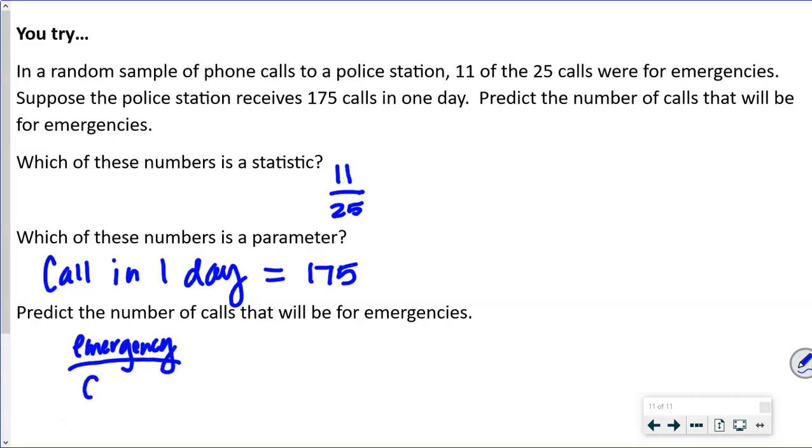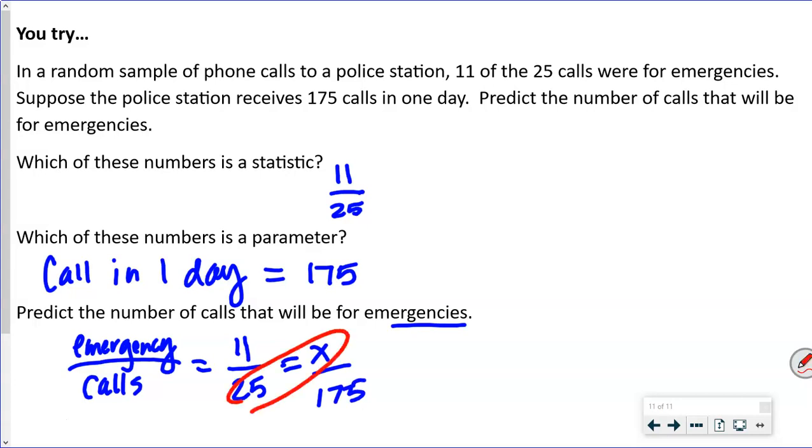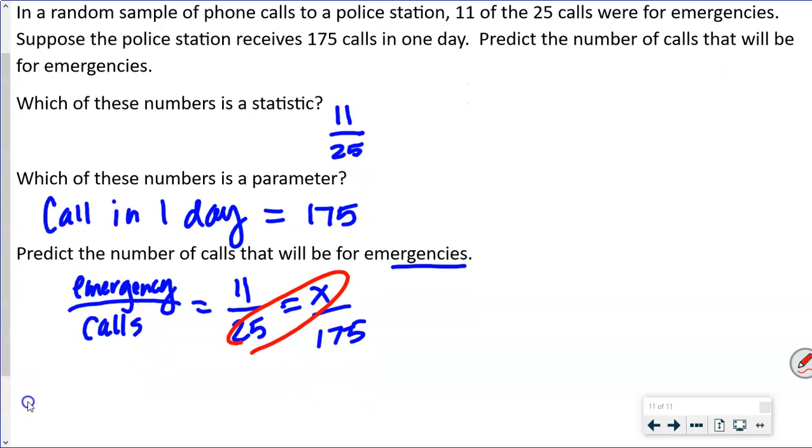So now we're going to do emergency calls over calls, right? So that's going to be 11 over 25, and then it's asking us how many calls were for emergencies, right? So there's our x, and that's going to be over 175. So once again, we're going to cross multiply, right? So that's going to be 25x is equal to 11 times 175.